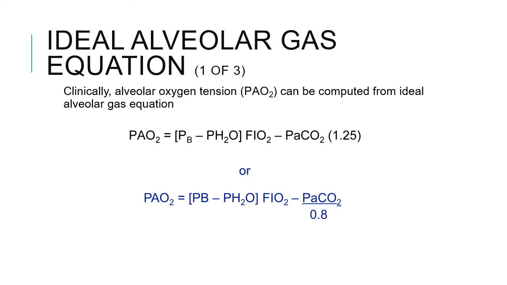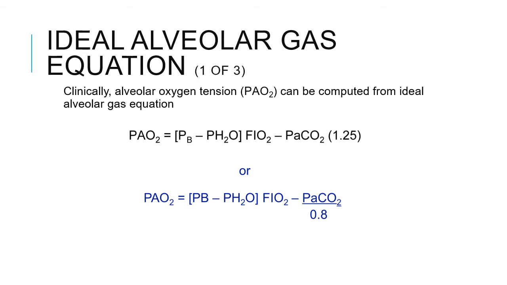The number 1.25 is a factor that adjusts for alterations in oxygen tension due to variations in the respiratory exchange ratio, which is a ratio of the amount of oxygen that moves into the pulmonary capillary blood as compared to the amount of carbon dioxide that moves out of pulmonary capillary blood and into the alveoli.